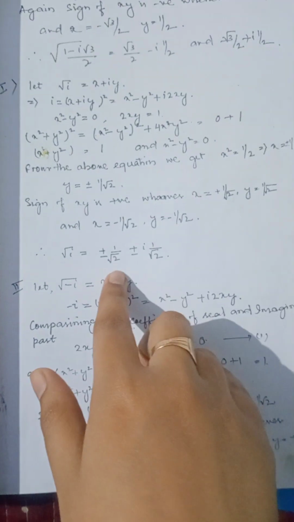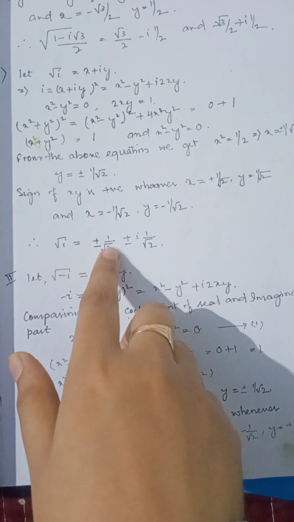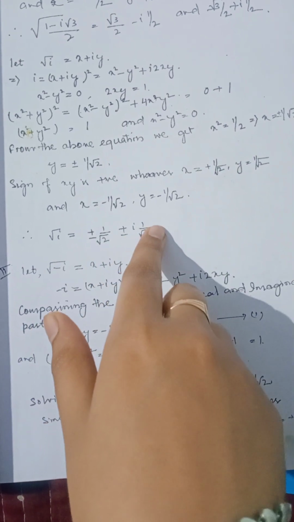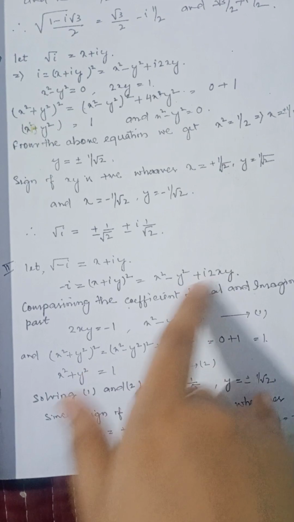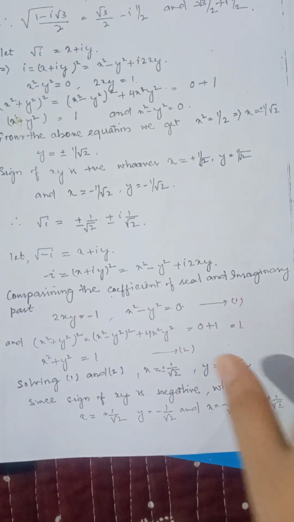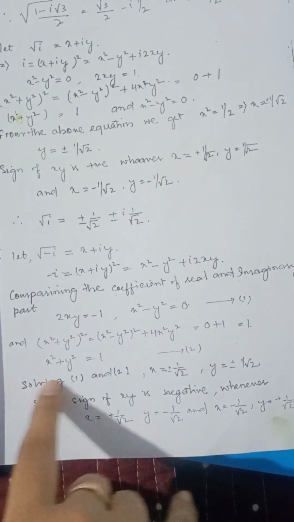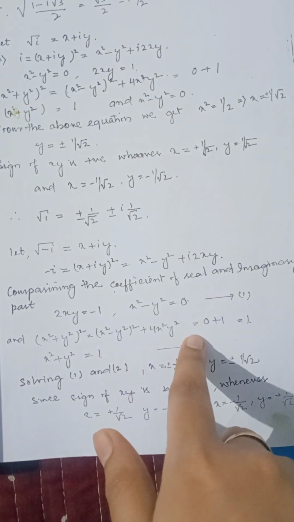Put this in this line. So root over of I equal to plus or minus 1 by root 2 plus or minus I into 1 by root 2. Similarly, squaring on both sides, then comparing the coefficients of real and imaginary parts, we will get two equations, and by solving this, we will get the x and y.